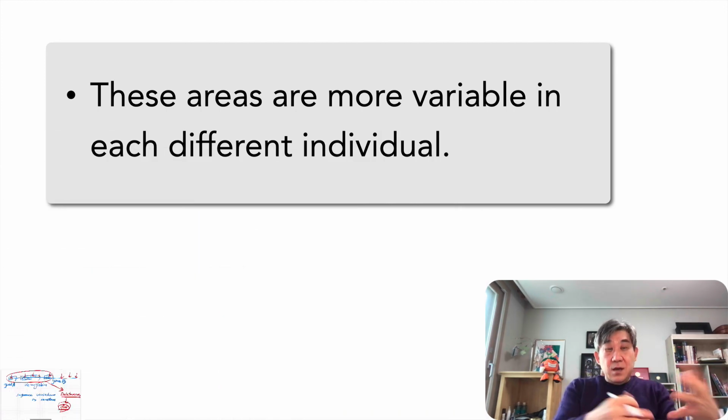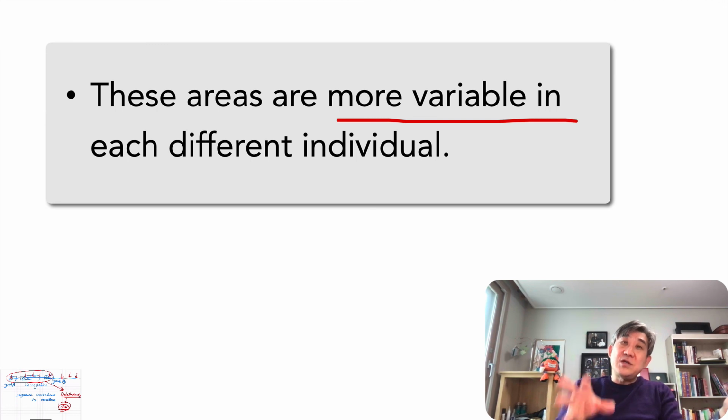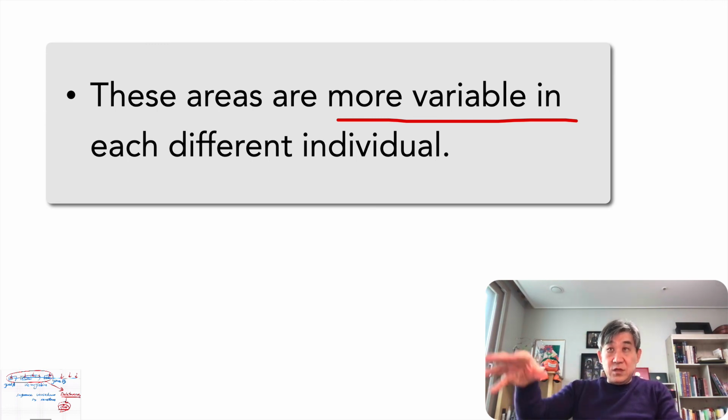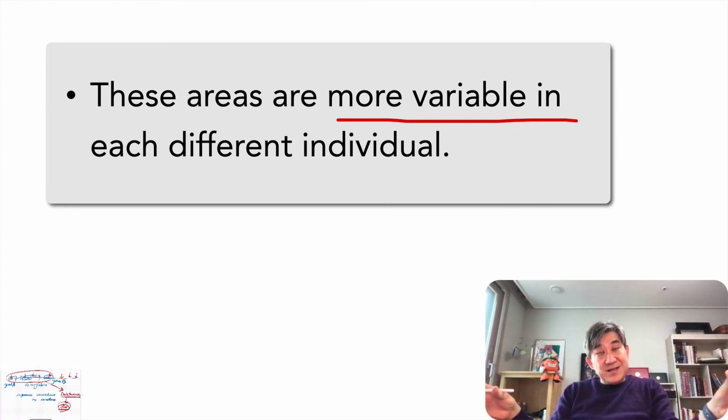So that's why this intrinsic heterochromatin area tends to have much more DNA sequence variation in each different individual. Think about it: on average, human and chimpanzee DNA sequence identity is more than 98%, right?